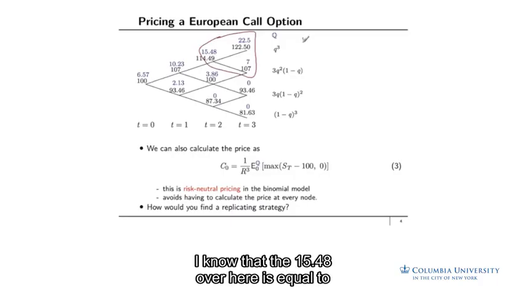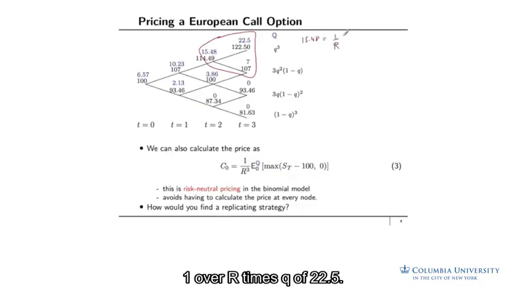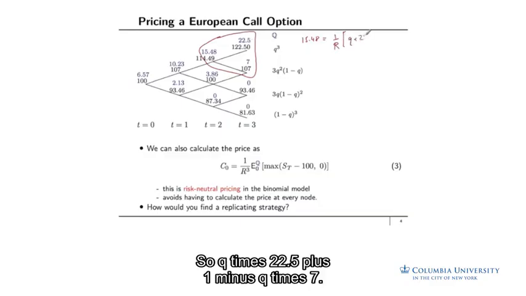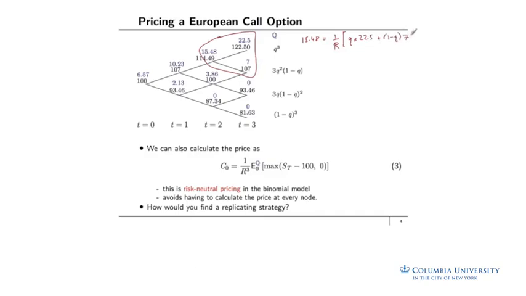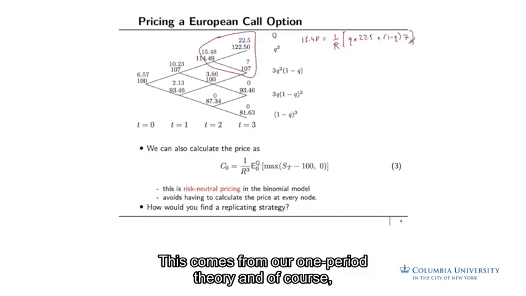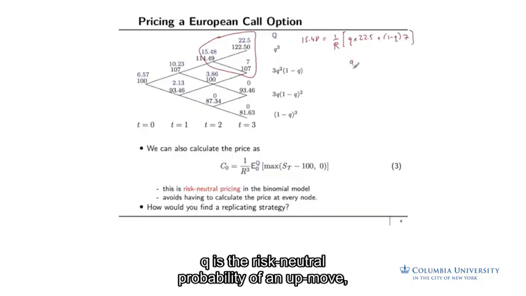I know that the 15.48 over here is equal to 1 over R times Q times 22.5 plus 1 minus Q times 7. This comes from our one-period theory, and of course Q is the risk-neutral probability of an up move.